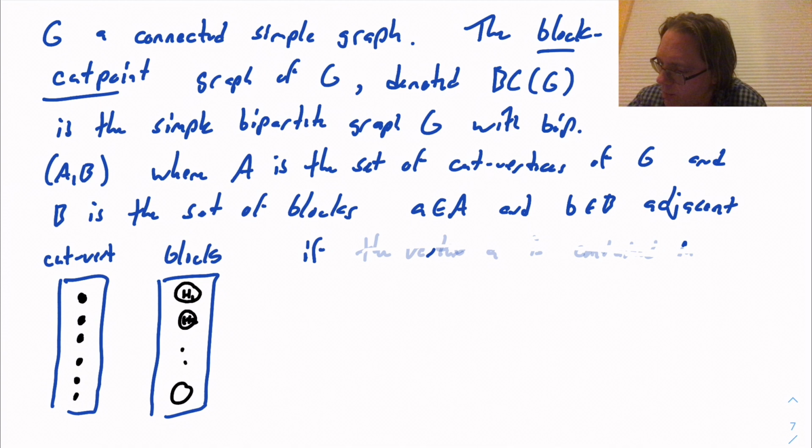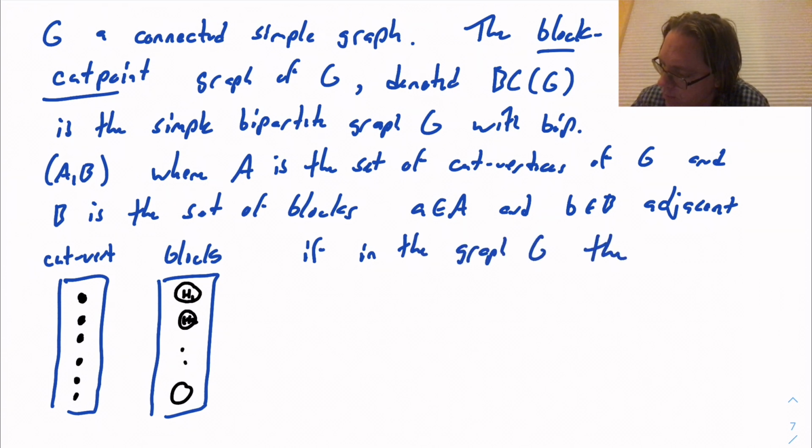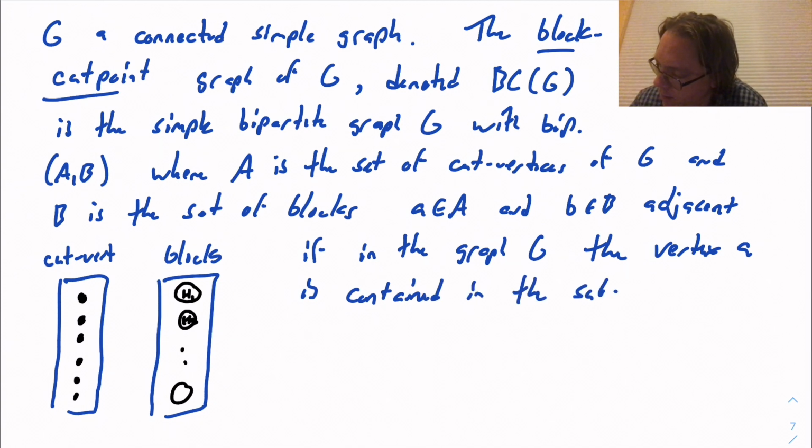Maybe I'll emphasize if and only if. I mean, I'm giving you a definition here, so I can just say if. But so if in the graph G, the vertex A is contained in the subgraph B. Okay.